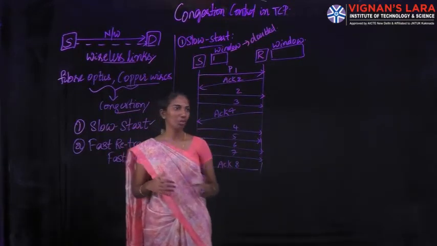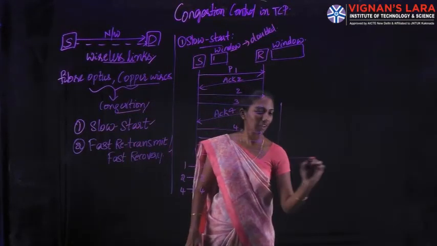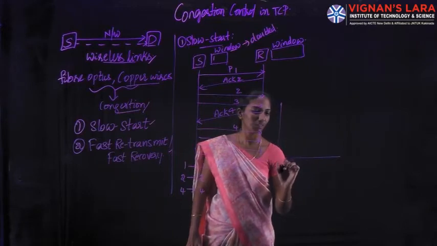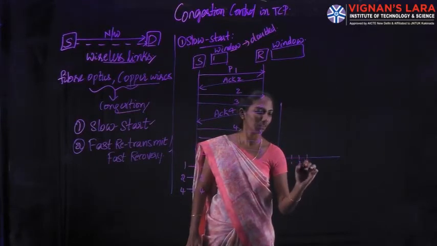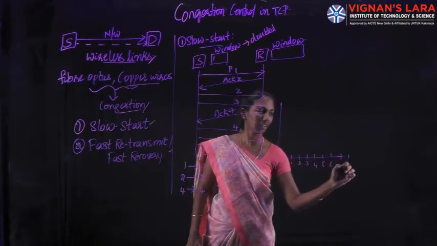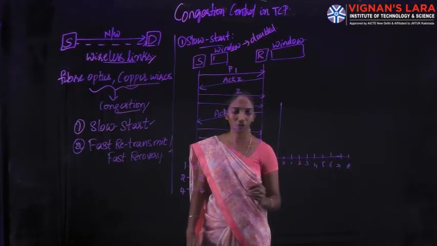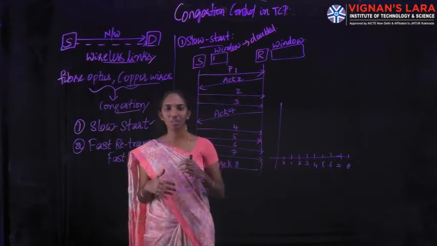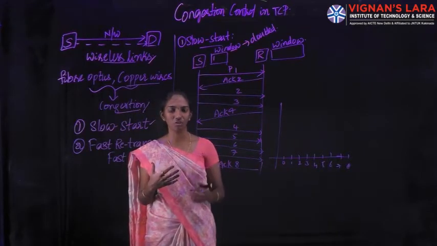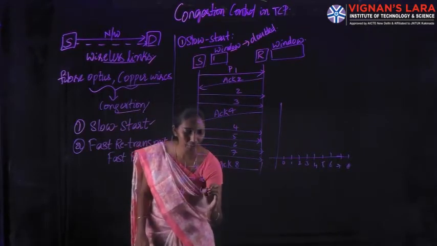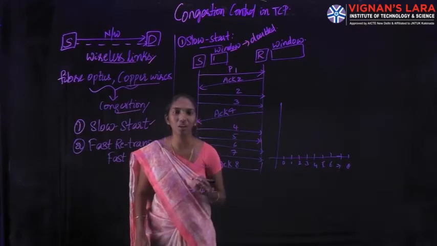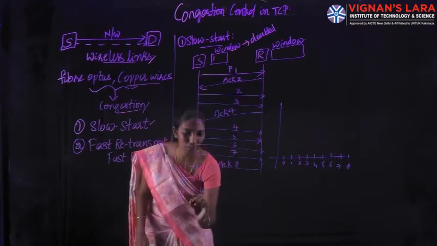Okay. So if we take the graph format, 0, 1, 2, 3, 4, 5, 6, 7 and 8. Okay, so assume that if I increase the congestion window size, and every time it gets doubled, what happens? It is going to increase drastically.